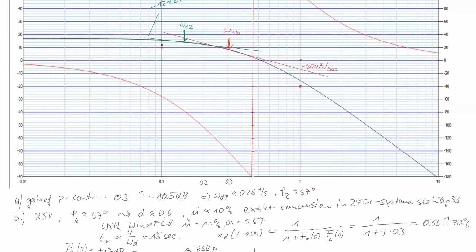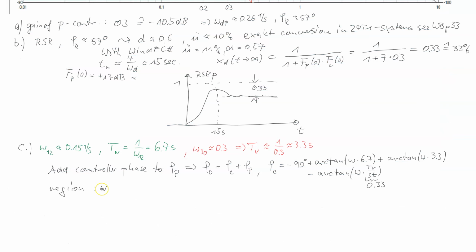You see here the phase curve with the P controller phase crosses minus 120 between 0.2 and 0.3. The PID will have a phase which is a little bit more positive, caused by the differentiator. So we expect a phase curve around here, so we need some values for omega around 0.2 to 0.5.